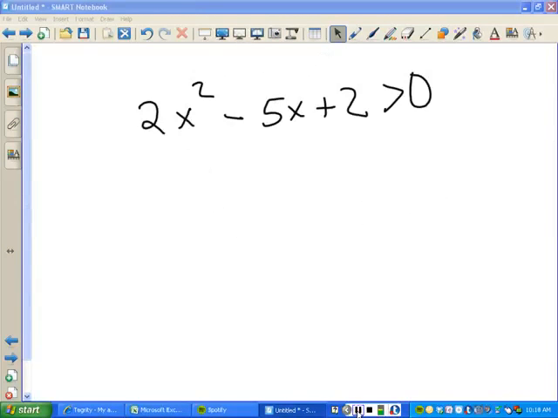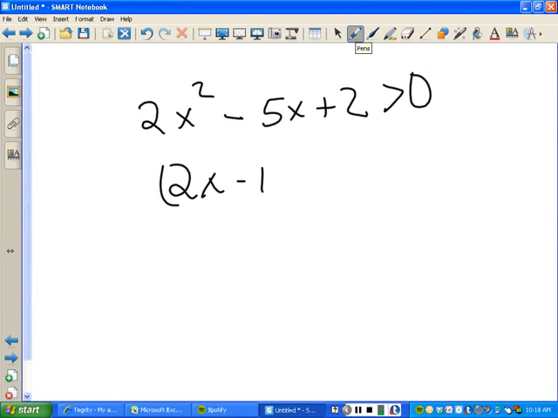Let's take a look. How do you go about doing this? Well, I think what most of you did, and by most I mean damn near all, was this: 2x minus 1, x minus 2 is greater than 0. I think a lot of you got to there. Some of you are going, no, I didn't even get to there. Okay, we got issues. You need to at least be able to get to there.